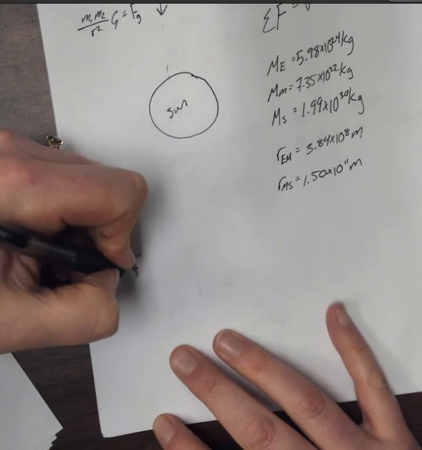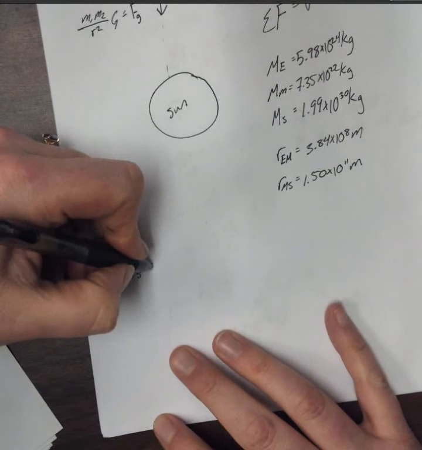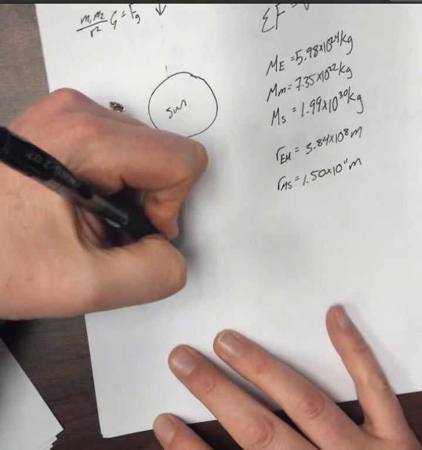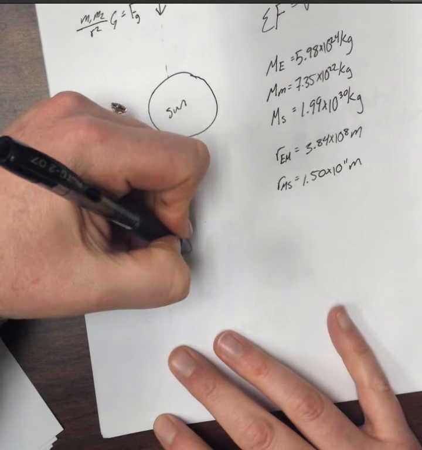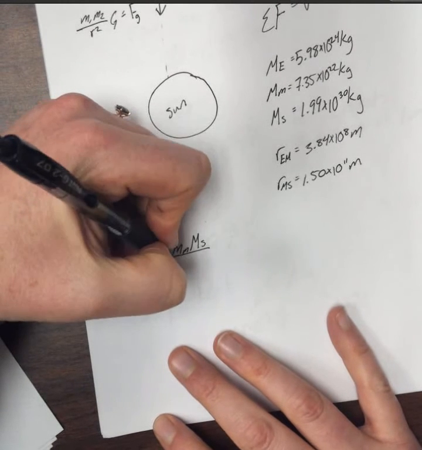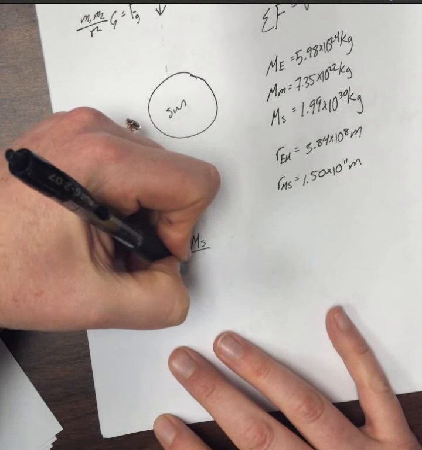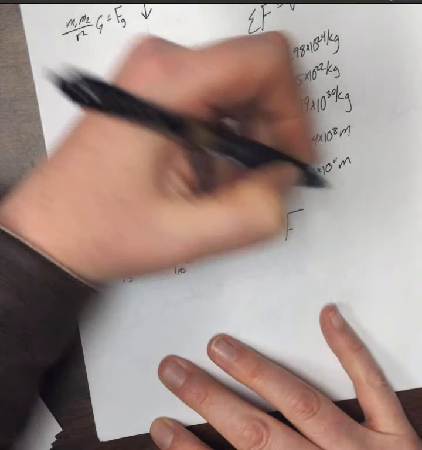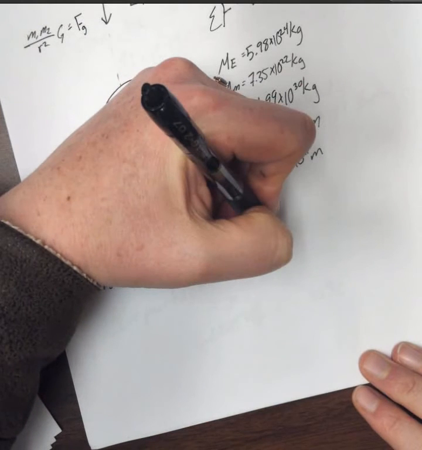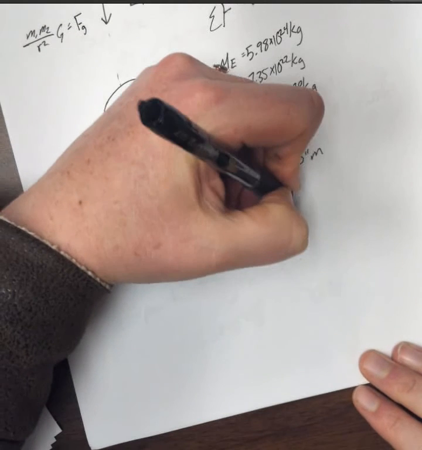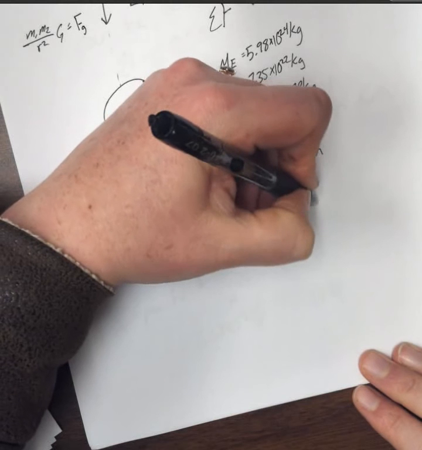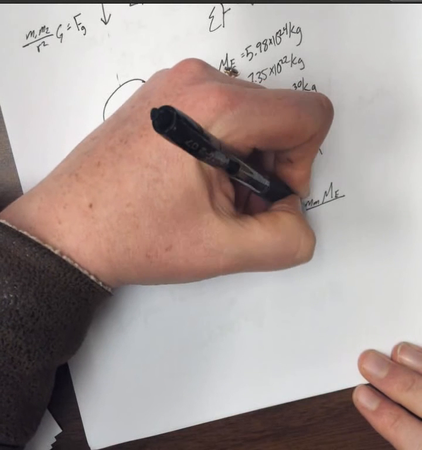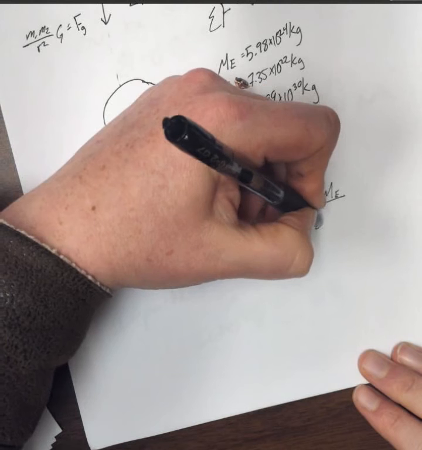This is going to be the force from the Sun, and that's going to be G times the mass of the Moon times the mass of the Sun divided by the radius between the Moon and the Sun squared. The force from the Earth is going to be G times the mass of the Moon times the mass of the Earth, divided by the radius between the Earth and the Moon squared.